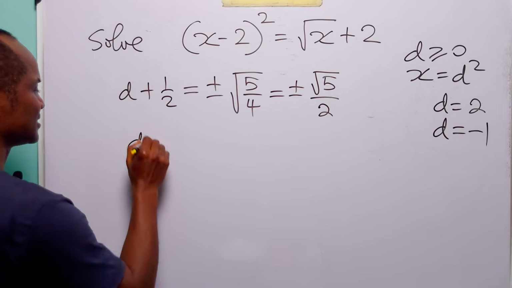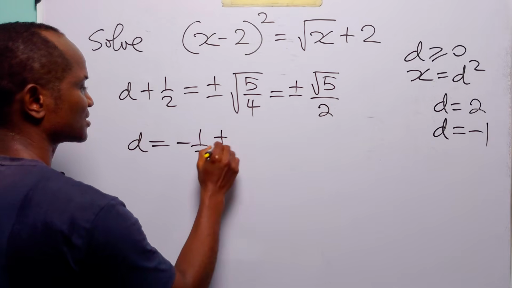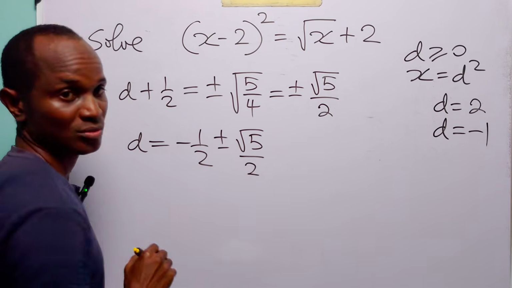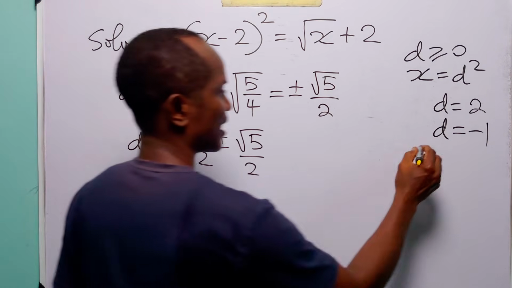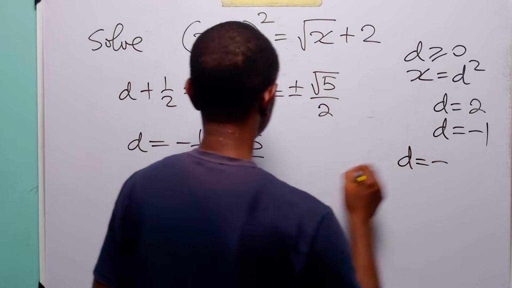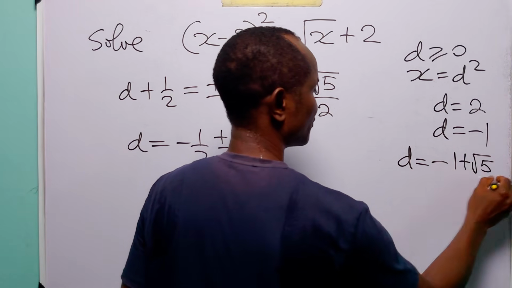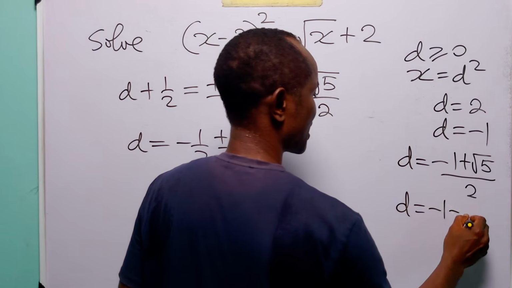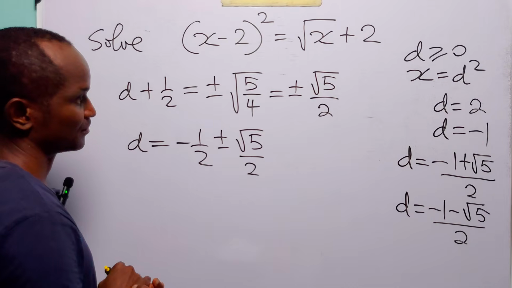From here, we have that d is equal to minus half plus or minus the square root of 5 over 2. So we have two more values of d. We have that d is equal to minus 1 plus root 5 over 2, and d is equal to minus 1 minus root 5 over 2.